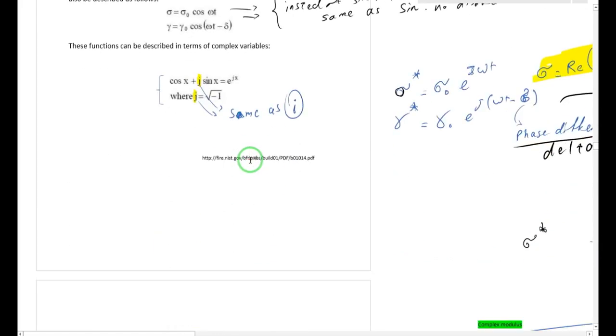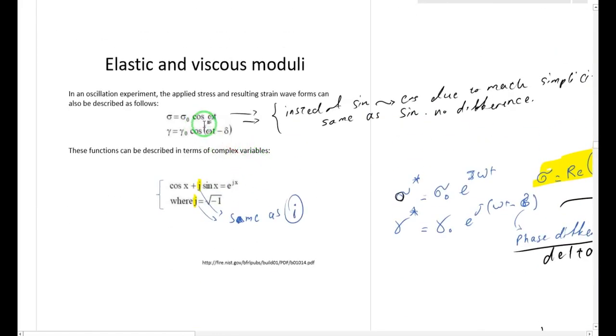But here that we are dealing with the mathematics, for simplicity, we consider the cos function of the frequency, and you see here that for the viscoelastic materials, when we apply the stress with this frequency, the strain which is obtained has a phase difference.